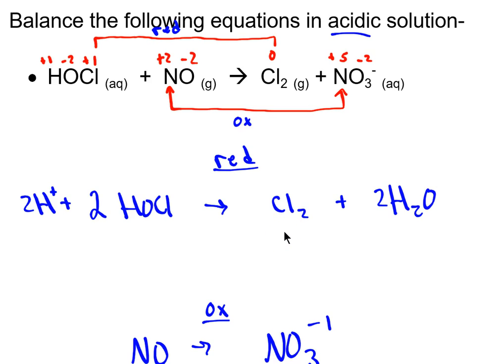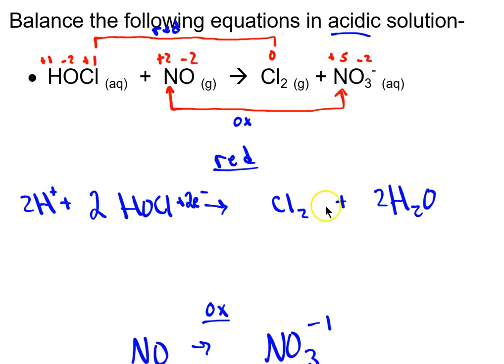Charges. Okay, if I'm reduced, that means I gain electrons, correct? That means they're on the left, so plus 2 electrons. And now my charges are balanced. With me? Who's with me? Okay, look.